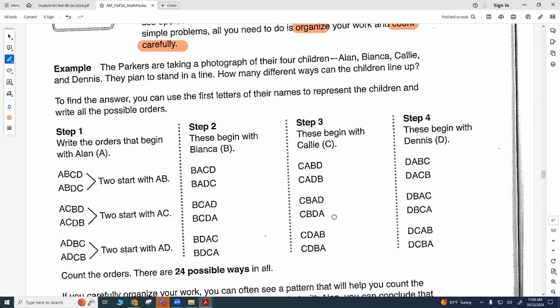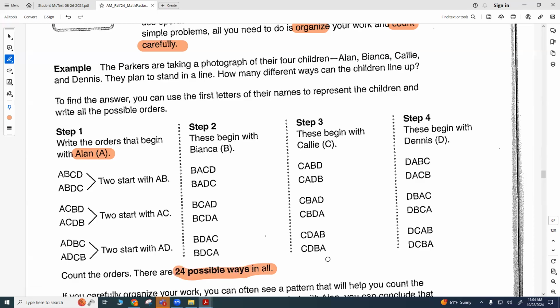So if we organize in this way, we start by saying, if I put 1 person at the beginning, how many total combinations can I make with that 1 person at the beginning? And I know that the same number of combinations is going to happen for the remaining 3 people. Yes, Ryan, you are correct. So there's 24 possible ways in all to arrange the kids.